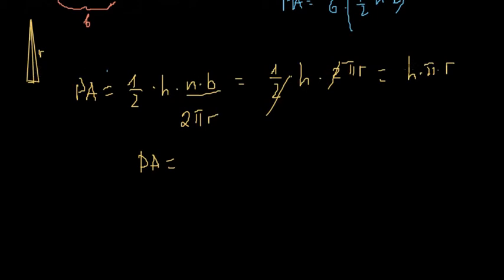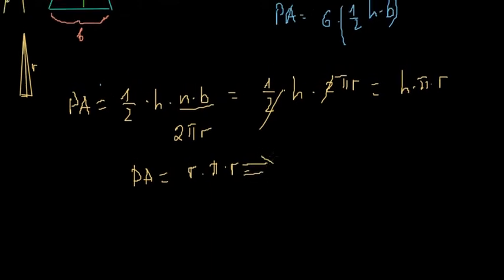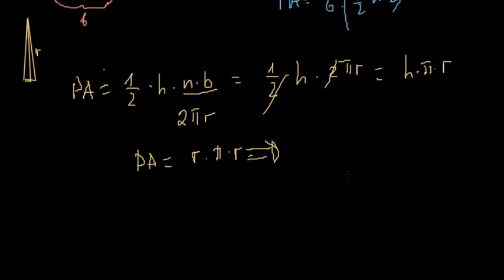The idea is that we will now think of height as r, because there is a very small difference between them. So at the end, height times pi times r is equal to r times pi times r, which, as n increases, describes the polygon area as the area of a circle, which is equal to pi r squared.